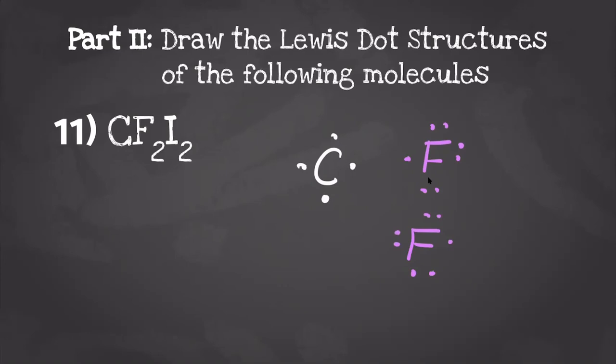And then we have 2 iodines. And each one of those also has 7. And now we just gotta move them around.